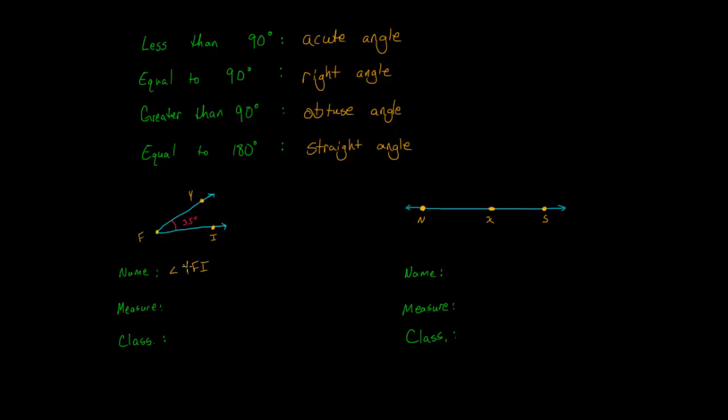So we have angle YFI, and then it has an or, so since we don't have any other angles going off of this, we can just call it angle F. The measure of angle F, well, it gives it to us real simple right here, 35 degrees. Since our measure is 35 degrees, we're going to classify that as less than 90. So this will be an acute angle.